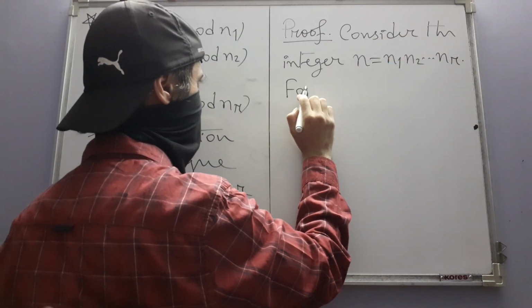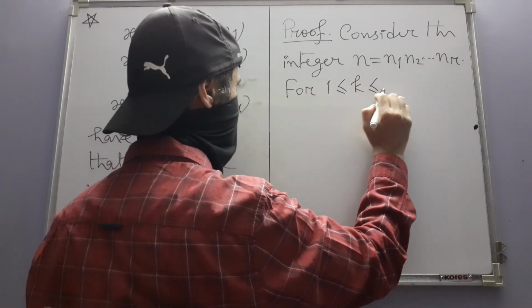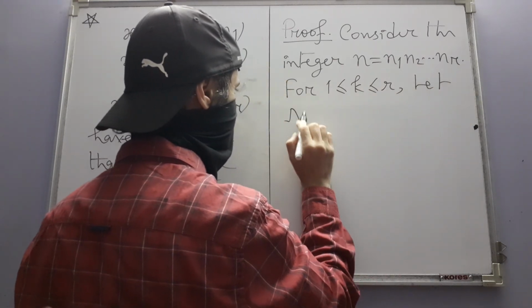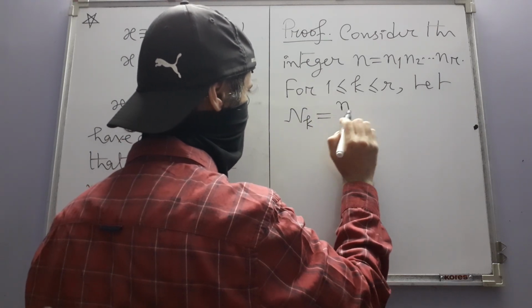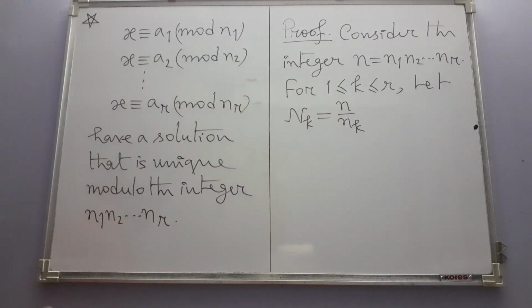For this case, let capital N_k be the integer n divided by n_k.